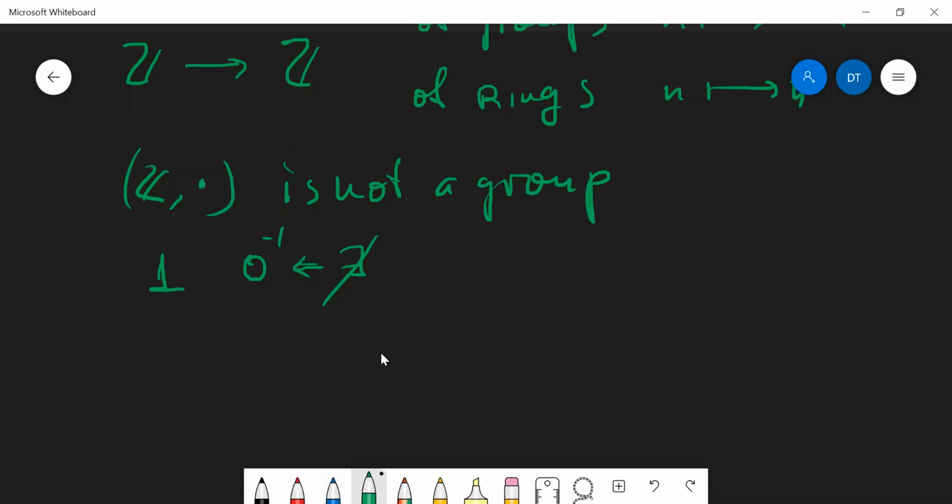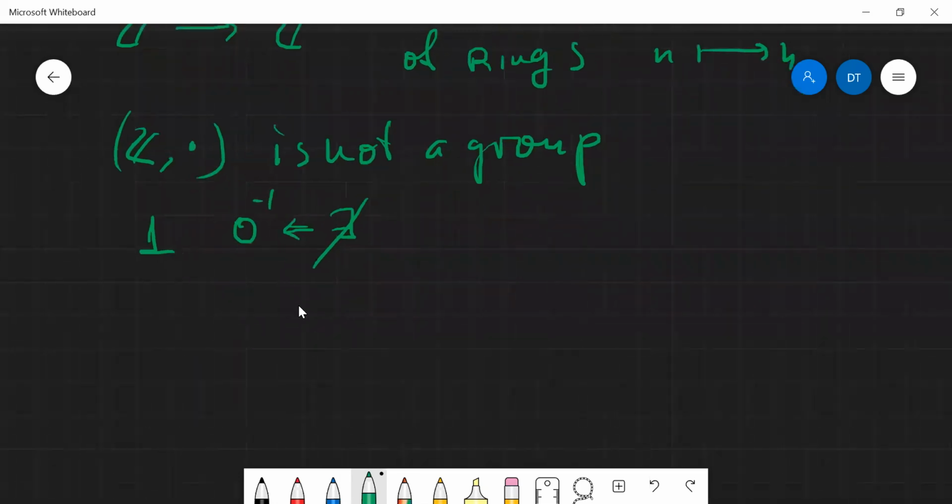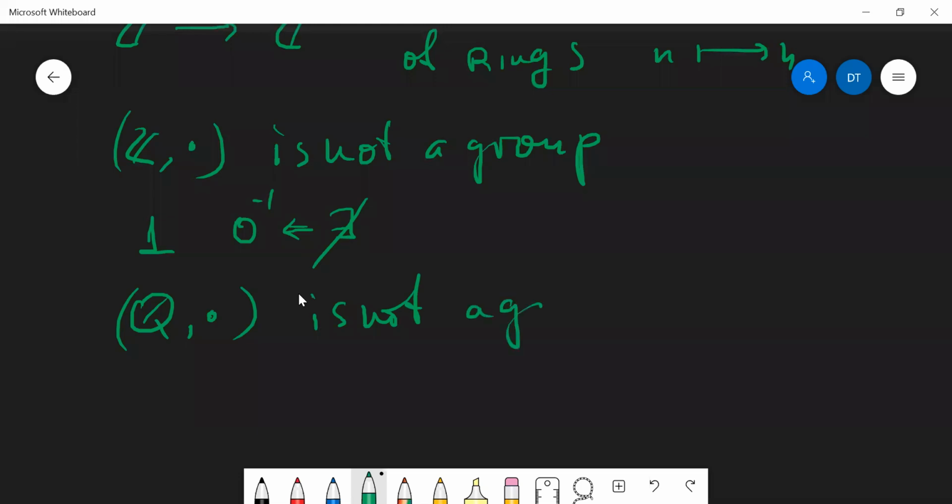And if it was a field, would it somehow work or not? No, even in the case of a field, it doesn't work because there is no inverse for 0. If you take Q, the rational numbers, this is also not a group. For a group, first of all, you want it to be associative, which is checked. You want it to have the neutral element.